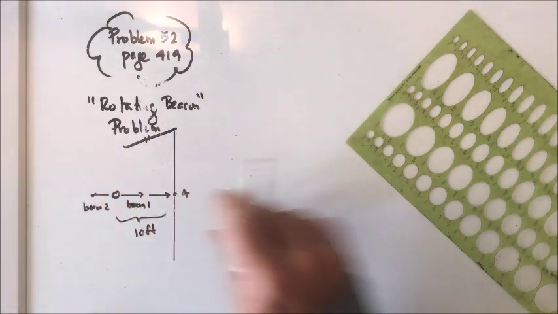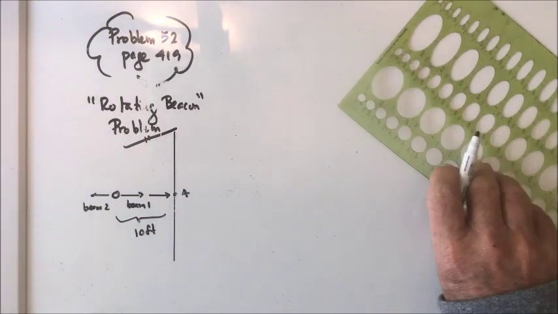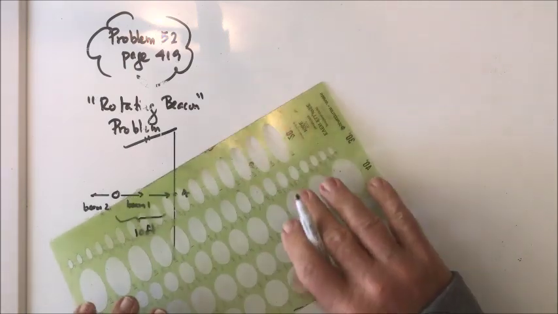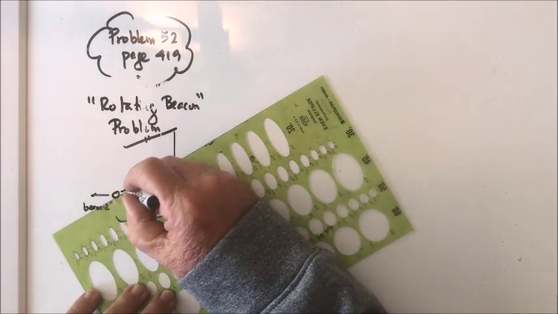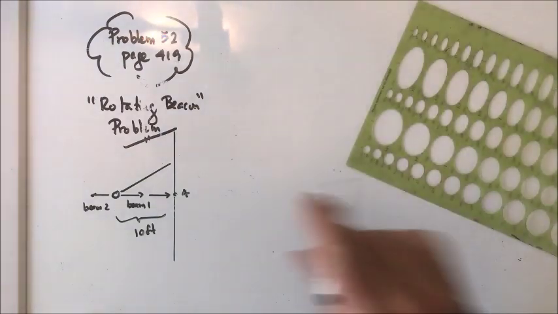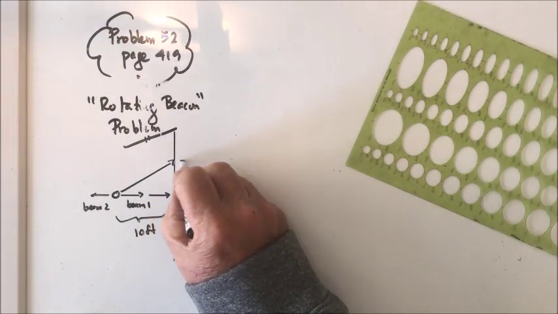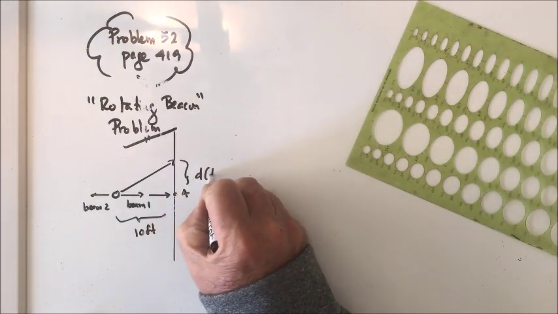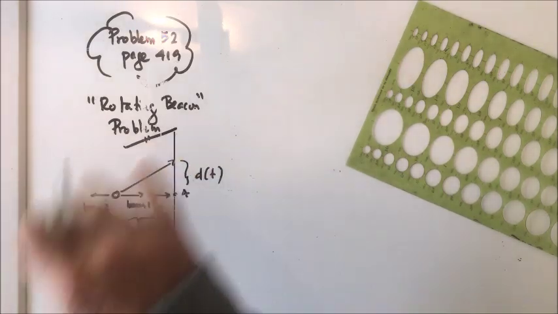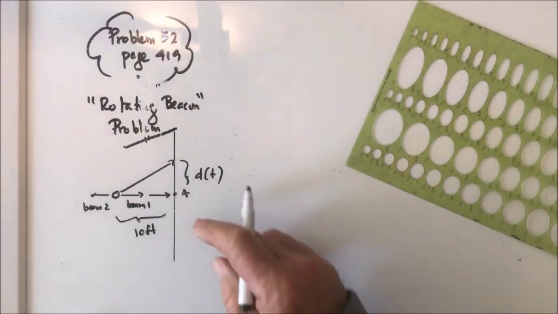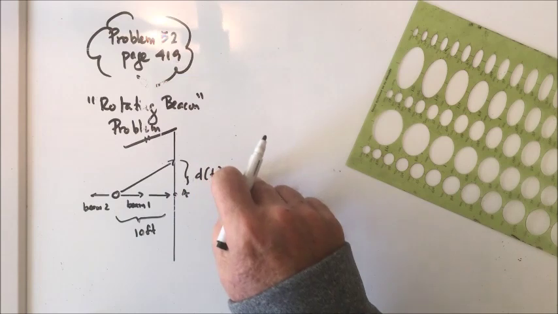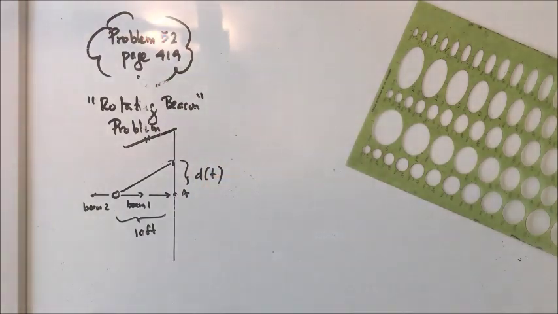And then as the beacon rotates, the spot on the wall moves up the wall. And in fact, it moves a distance that we'll call d as a function of time, because as the beacon rotates, the spot moves up the wall at some rate and at some time, and that's what we're all after here.